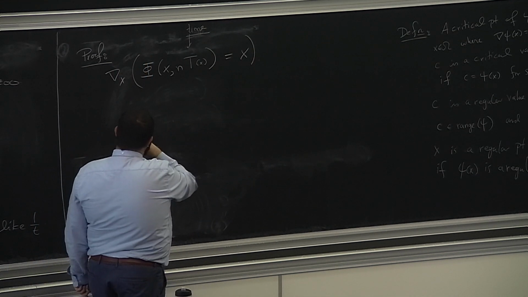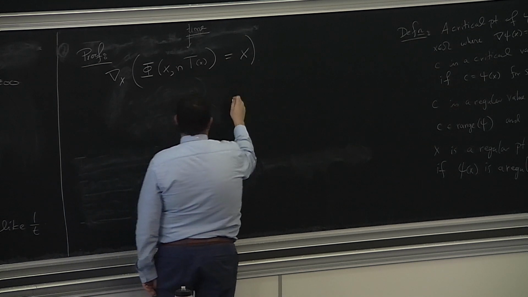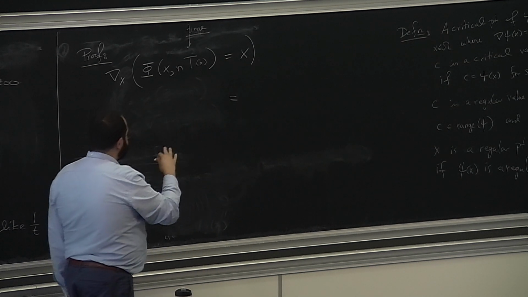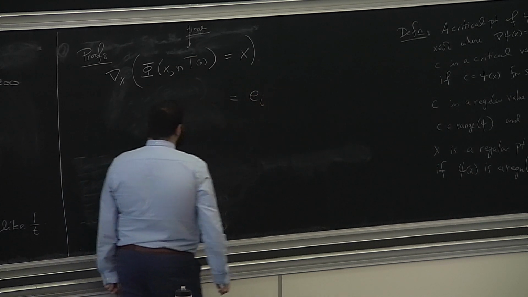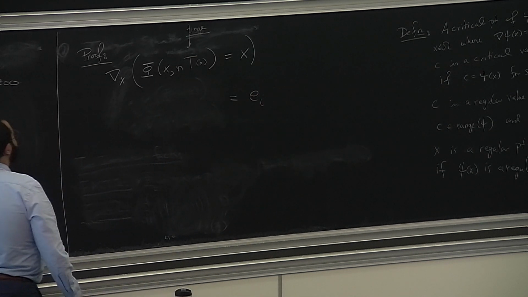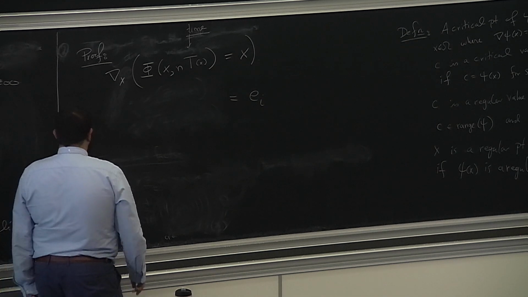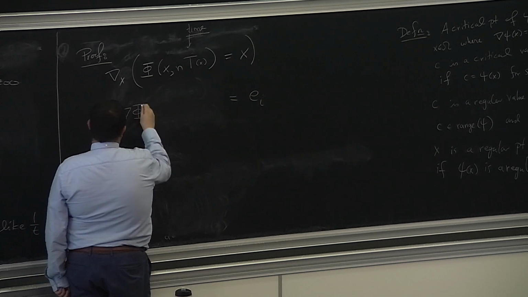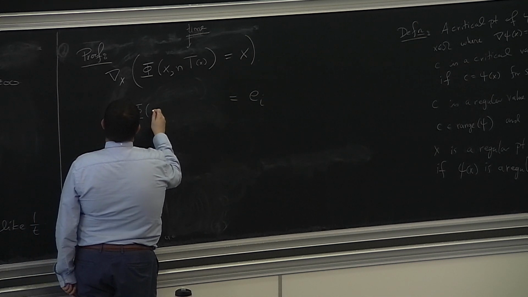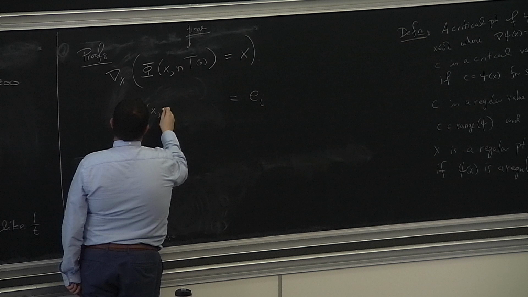I have some difficulties with matrices, so I'm just going to write it in components. So for each i, you get the gradient of phi at x.